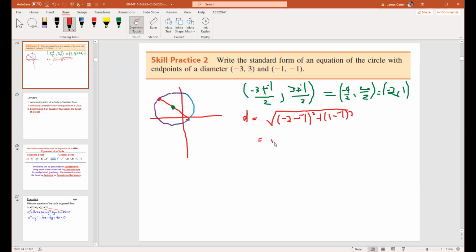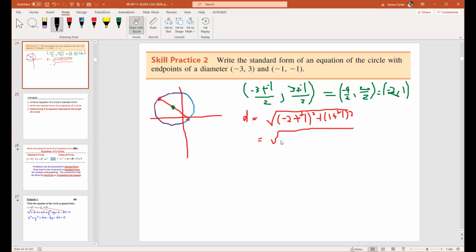Which equals, these give you a pair of positives, and likewise so do these.